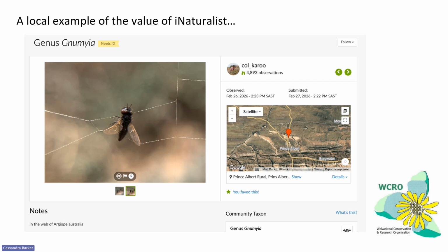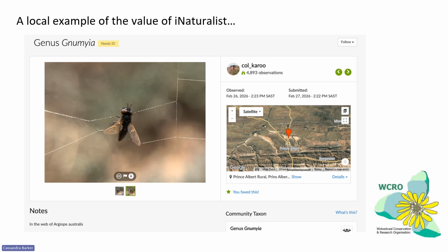Until this year, when there was an iNaturalist observation uploaded, and this specimen that we can see here was found just outside Prince Albert. After a few messages back and forth between myself and the observer, and we got landowner permission, I was able to go down and collect a fresh specimen.